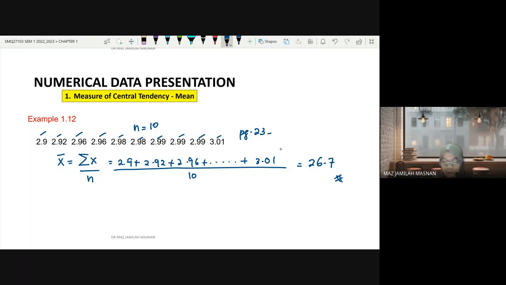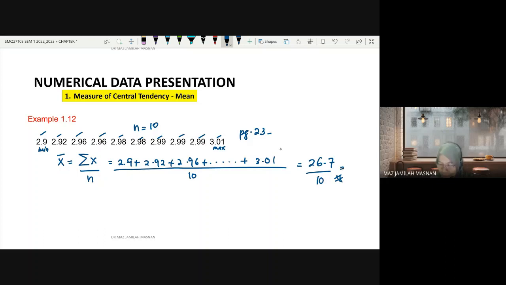Okay, so if you go back, the numbers are arranged from the smallest to the highest: 2.9, 2.92, 2.96, 2.96, 2.98, 2.98. So this is the minimum value and this one is the maximum value. So where is the 26.7? It's not divided yet by 10, right?